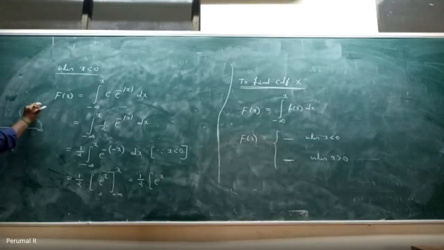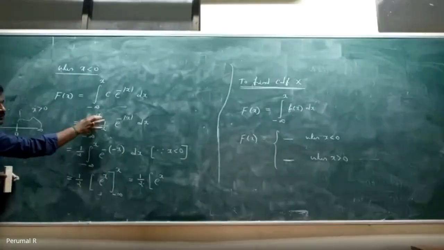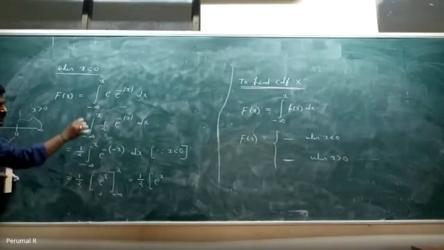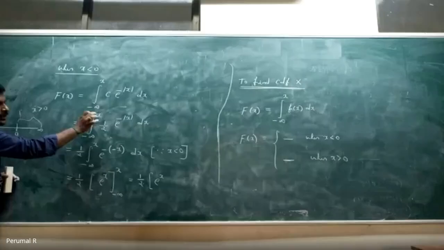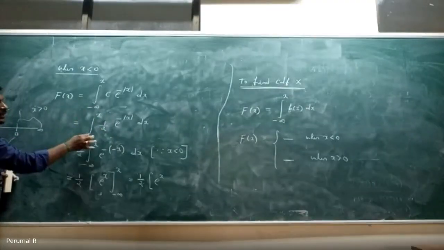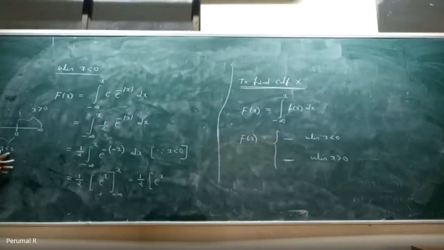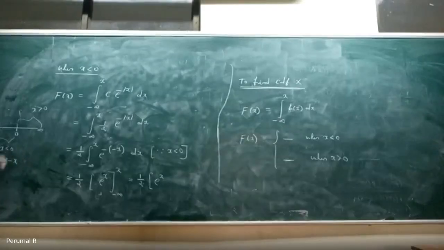In this interval, x is less than 0, and in this interval, x is greater than 0. Don't substitute x equal to 0 here, because we need to find the function in terms of the variable x. So here you can assume that this x value becomes 0. Minus infinity to 0 means x should be greater than 0. So x greater than 0 means your modulus x becomes minus x.